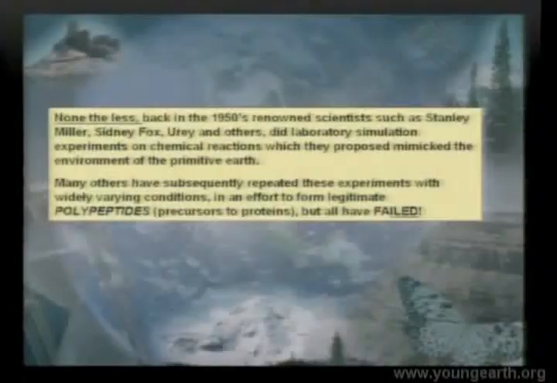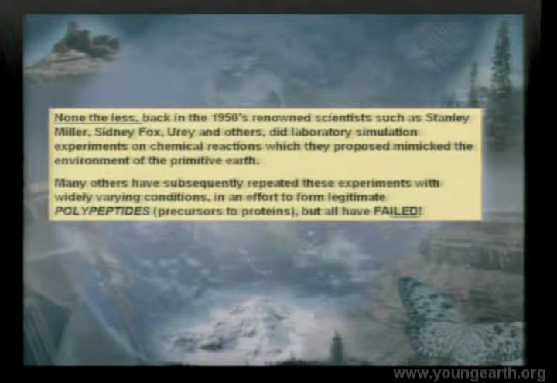Nonetheless, renowned scientists such as Stanley Miller and Sidney Fox and Harold Urey, University of Chicago, University of California, wherever, did laboratory simulations of experimental chemical reactions which they proposed mimic the environment of a primitive Earth. They believed that the Earth in its early stages was a reducing environment.